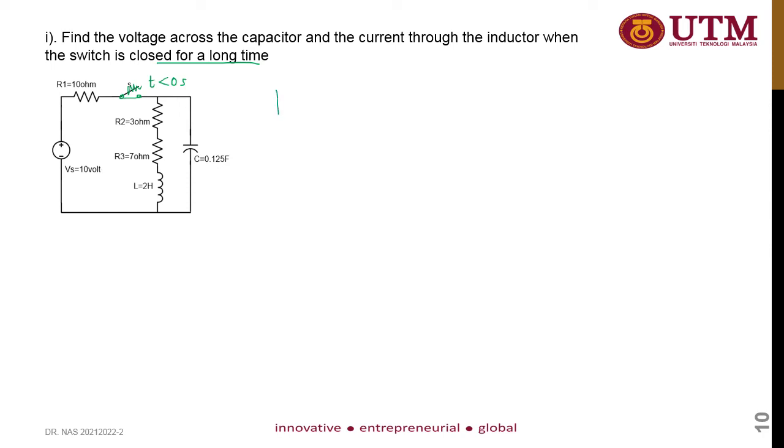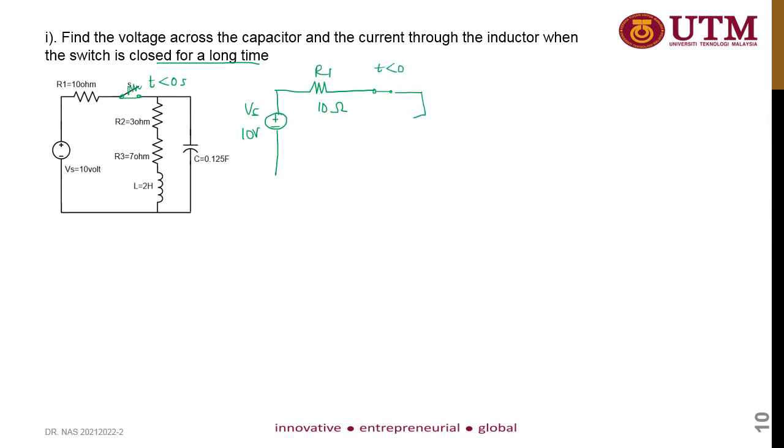So this is the source, Vs equal to 10 volts, and then you have your R1 equal to 10 ohm, and the switch is closed at t less than 0.